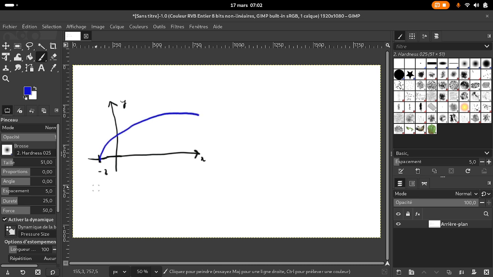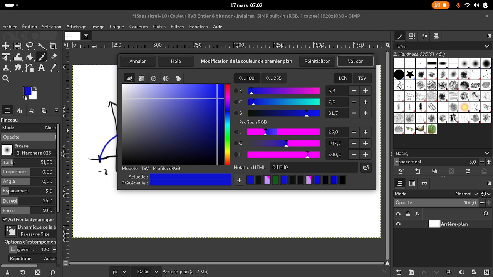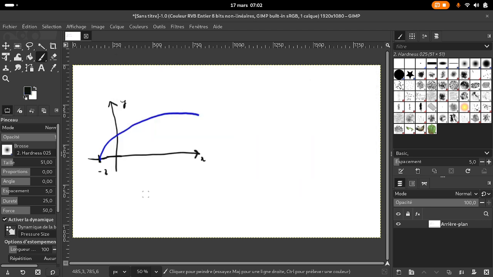Voilà, it is a half parabola. Okay, this is the function y equals the square root of x plus 2.